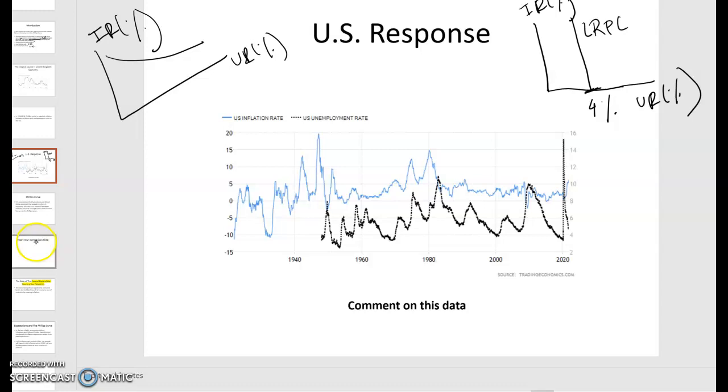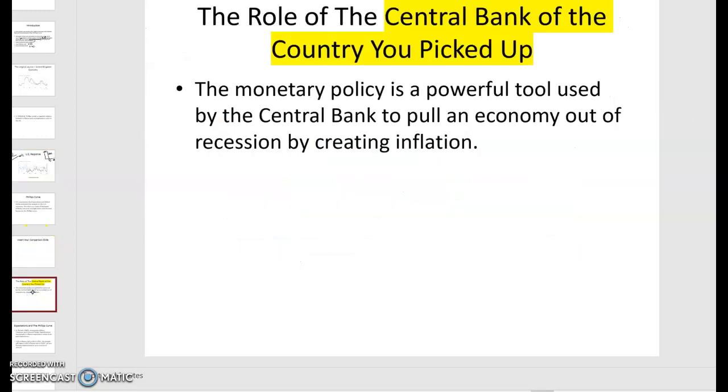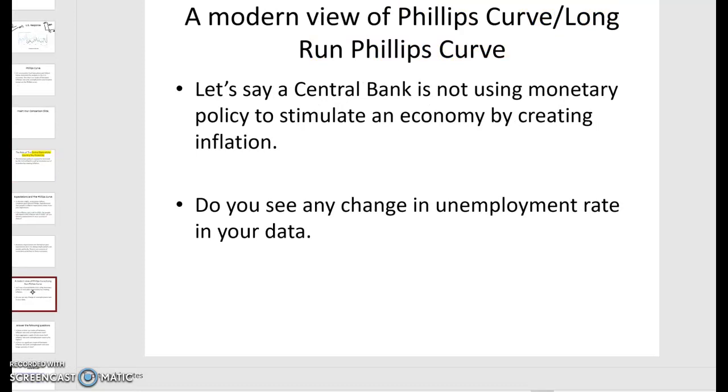Now, after looking at the US response, your task will be to look at the role of the central bank of the country you will pick for your class project. And you want to state what the monetary policy goals of the central bank of the country you chose are.